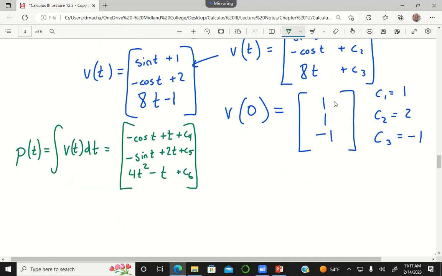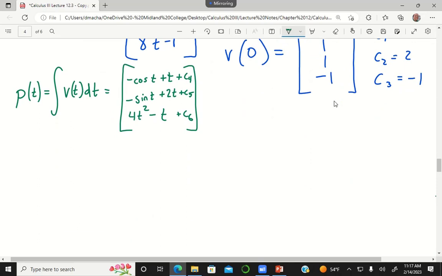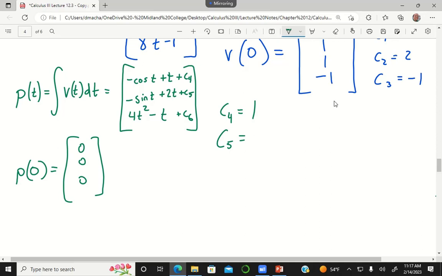Now we can figure out what c4, c5, and c6 are if we remember that p of 0 is 0, 0, 0. So what should c4 be? 1? Yeah. What should c5 be? Mm-hmm. And what should c6 be?